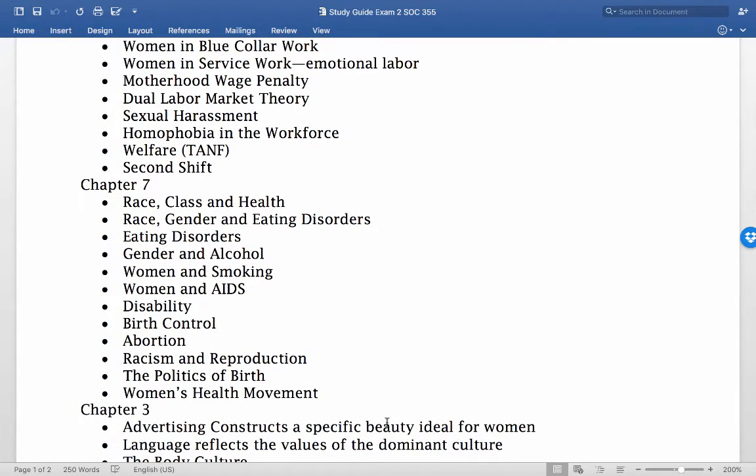Women in blue-collar work, just the idea that women are making progress, but in fields like construction, they're still only 2% of the workers. A lot of women's jobs involve service work, which involves emotional labor, which we've talked about. So meaning that they have to suppress their emotions or elicit certain emotions within the course of their job.